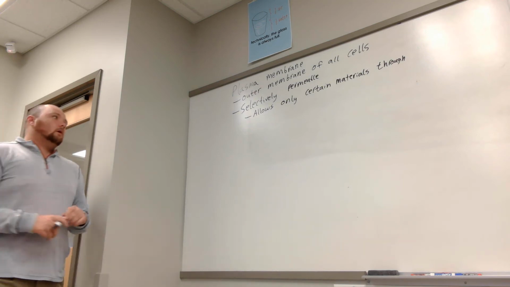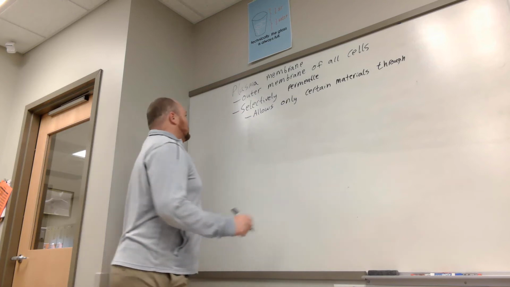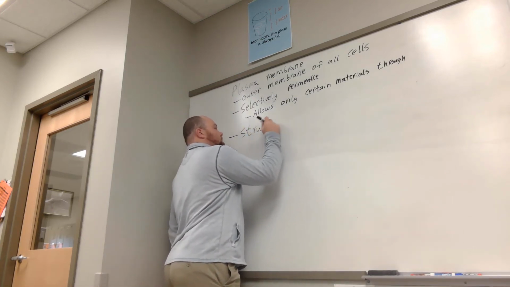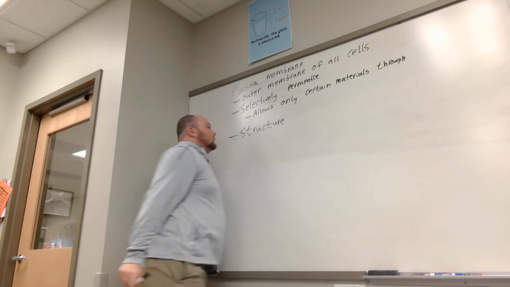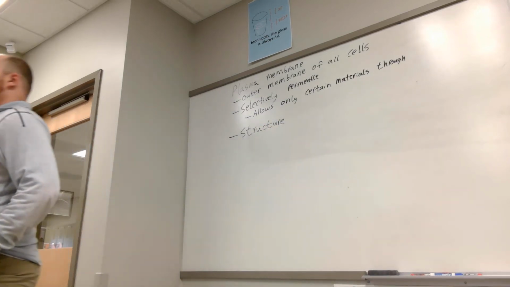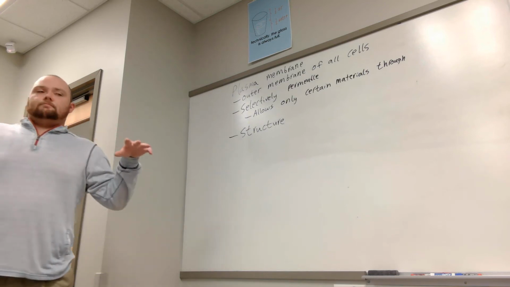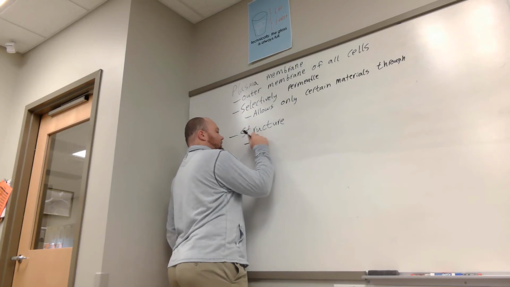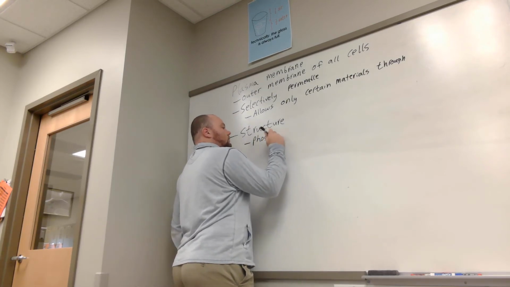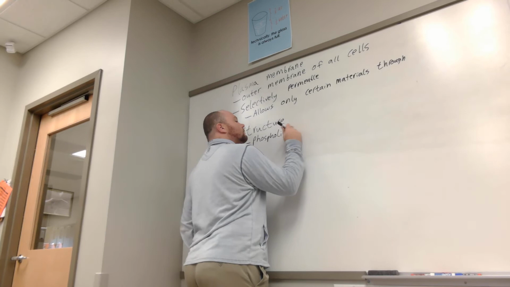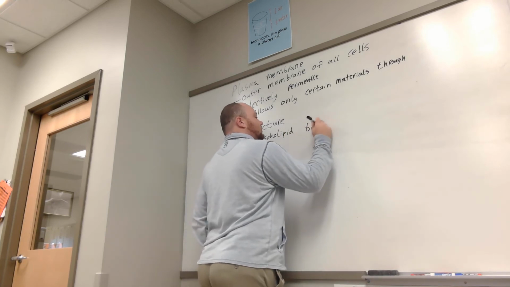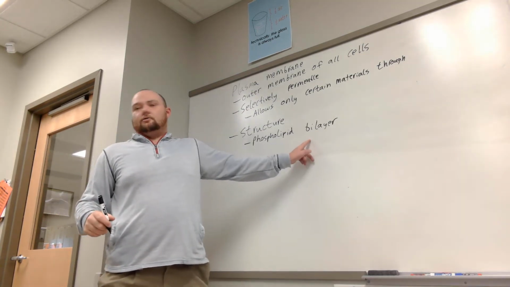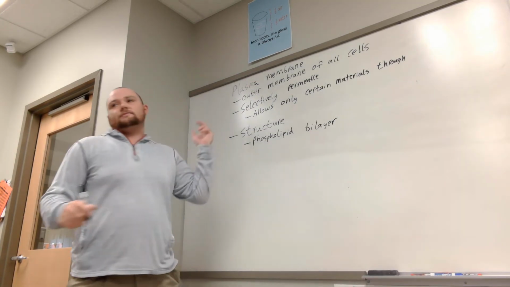So let's talk about the structure of the plasma membrane. The most basic definition is that it is a phospholipid bilayer. Bi means two, so two layers of phospholipids.